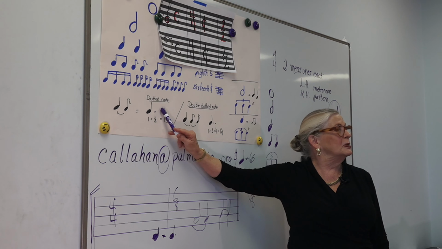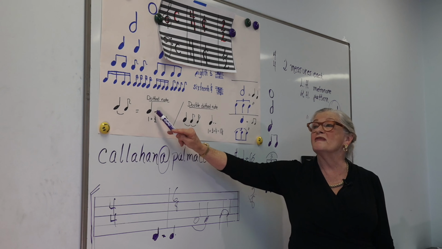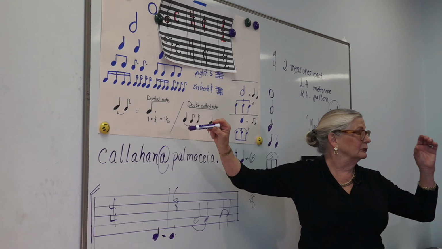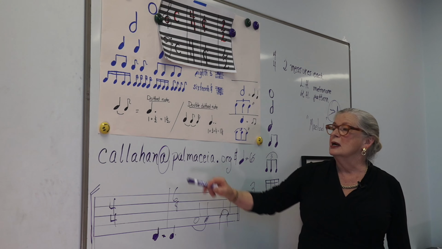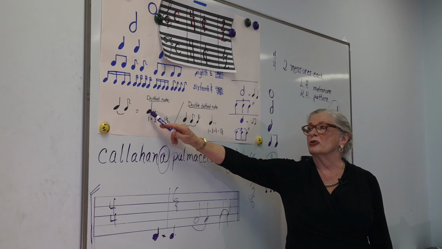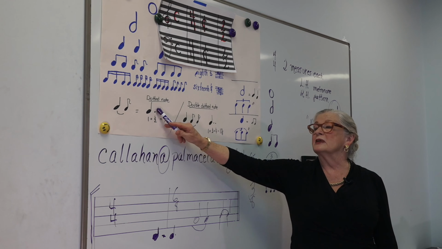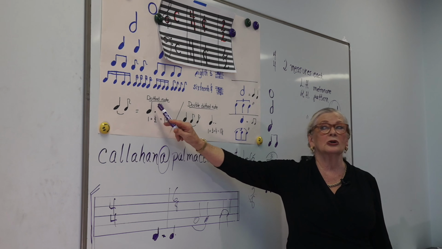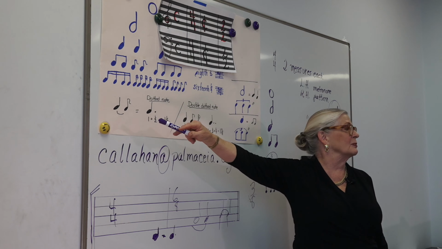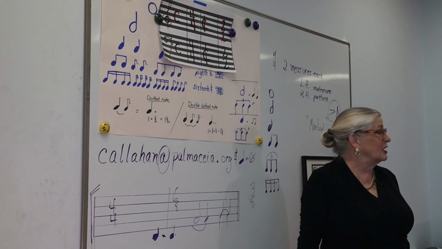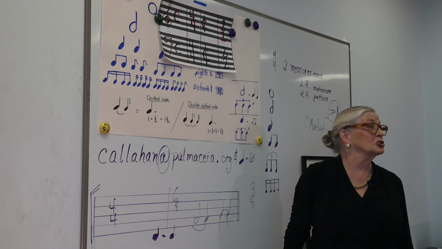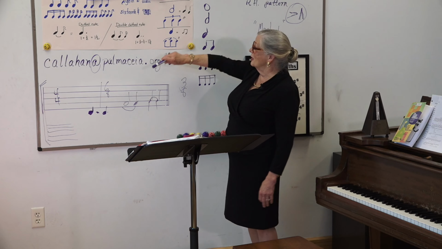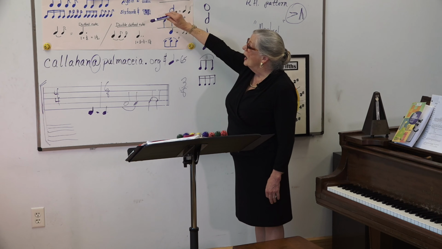When a dot is beside a note, you add half the value of that note to the dotted note. So the quarter note, say we're in 4/4, gets 1 beat, the dot gets a half a beat, together they get 1.5 beats. This is a whole lot easier to write than this when you're writing many of them. So it really was invented as a little shorthand for composers. They didn't have computers and ways to do it like we do.